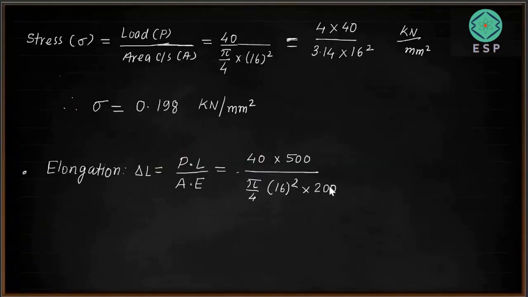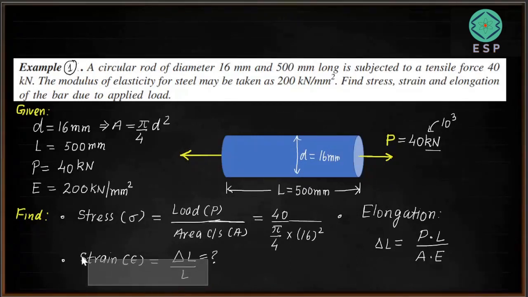Again we are writing E in kilonewton per mm square, and the load is also in kilonewton, so there is no issue. If you solve this, you will get the value of elongation around 0.497 mm.